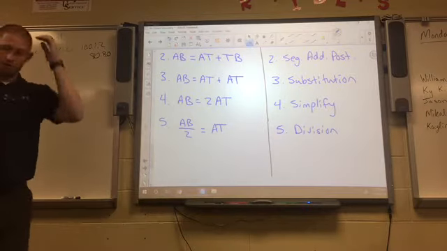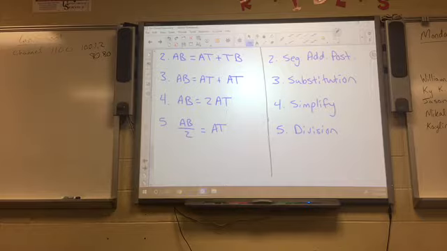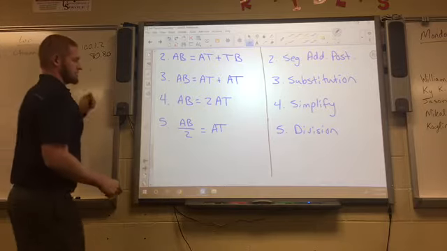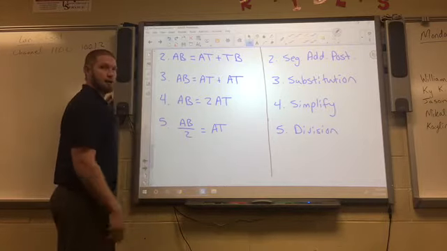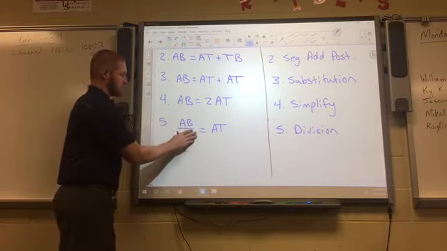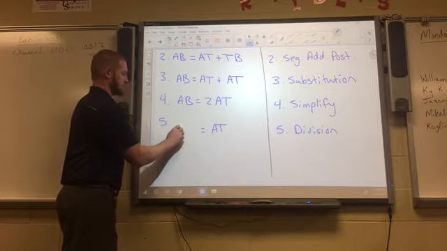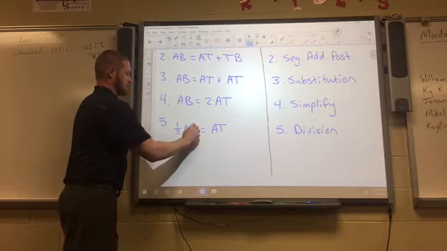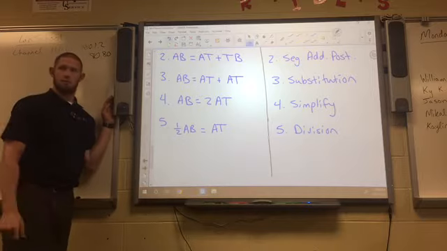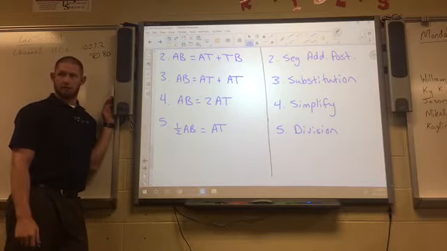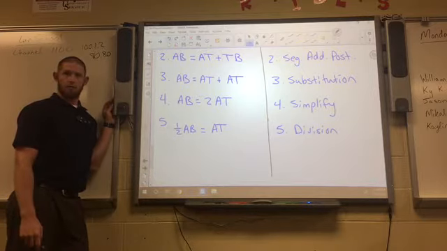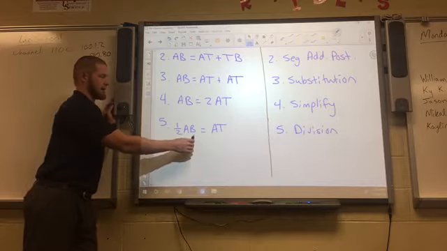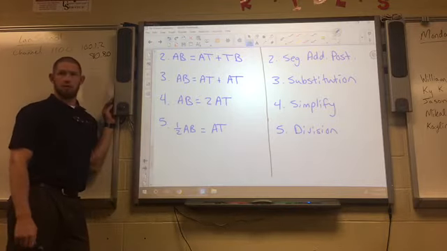Okay. Now, I want you to pause right there, and I need you to understand something, and you should understand this already, hopefully. But I need you to make sure you understand that this, AB over 2, is the exact same thing as 1/2 AB. Does everybody understand that concept? Multiplying by a half and dividing by 2, those are the same thing.